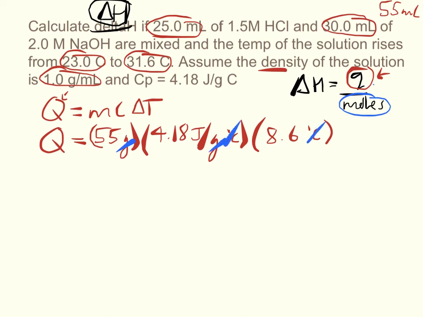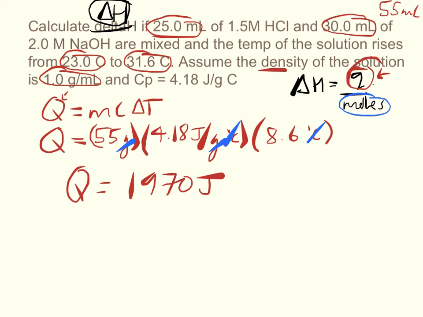So I'm left with joules. And if I do the math, Q is equal to 1,970 joules. So 1,970 joules were transferred in this reaction, released from the solution to the thermometer.